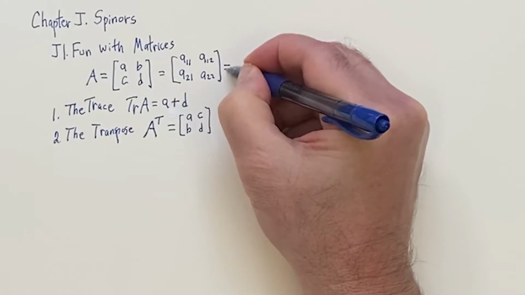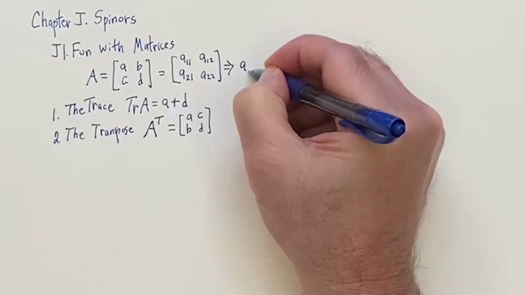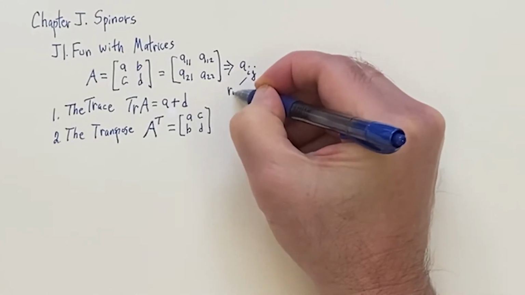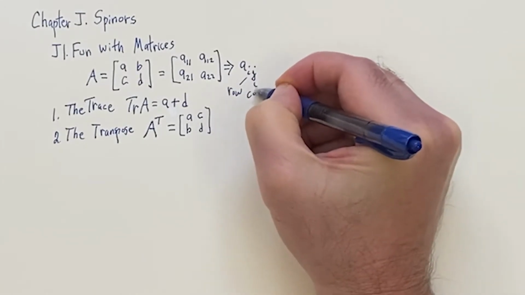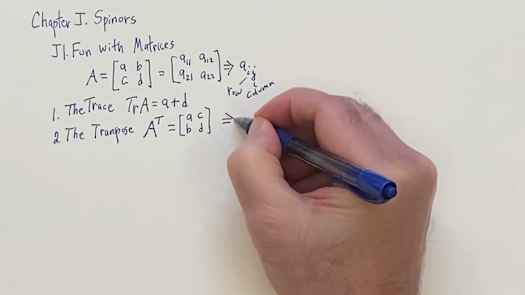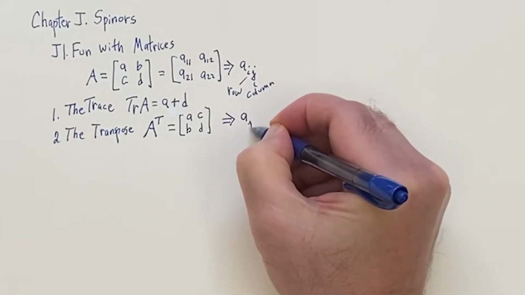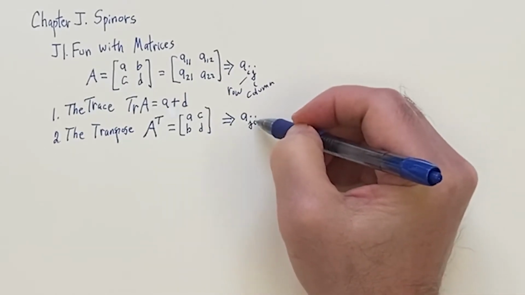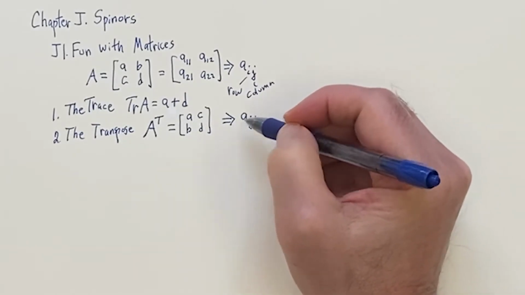If you had this general case, you could write it as A_ij, where i is the row and j is the column. And for the transpose, what you would basically do here is switch the j and the i. So if it's diagonal 1,1, switch 1,1, still 1,1. So you don't do anything with that.